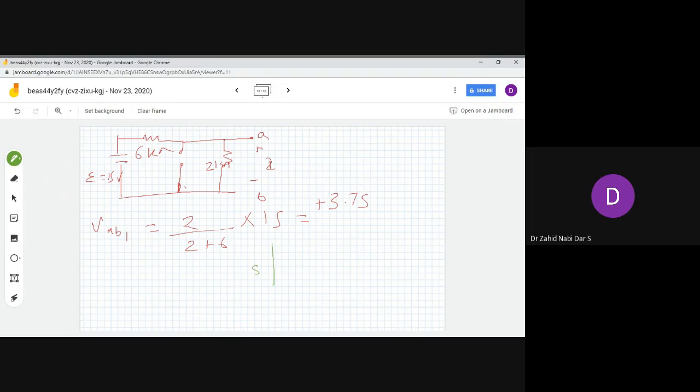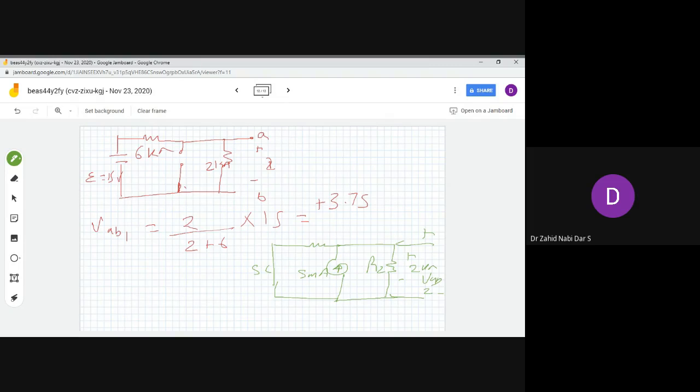So you'll short here, and you are left with 6 ohm, and here it is plus 5 milliamperes. Then here you have your resistance R2, it is 2 kilo ohm, and here you want plus VAB2. Now you want VAB2.